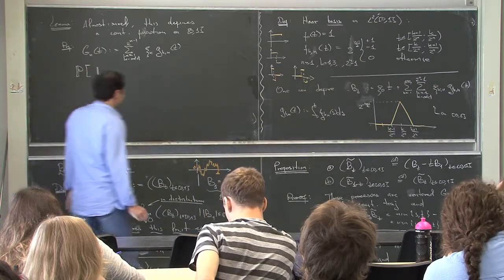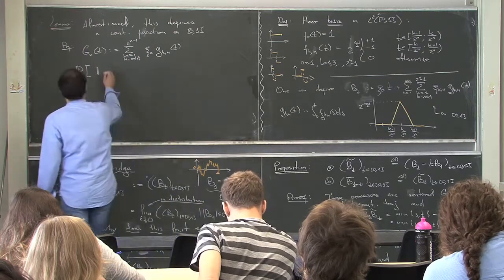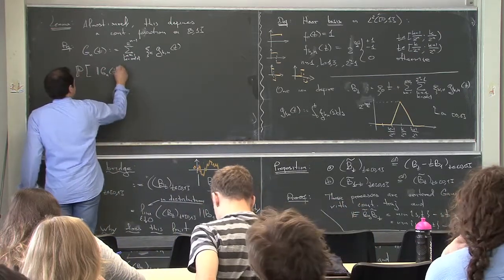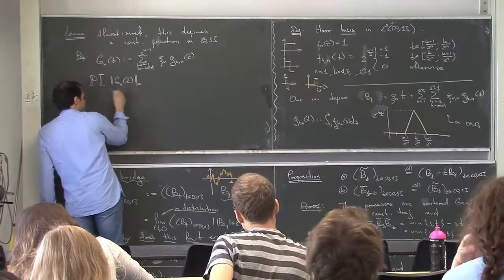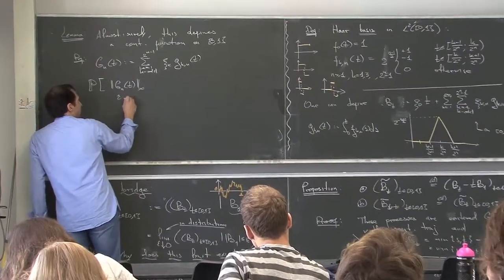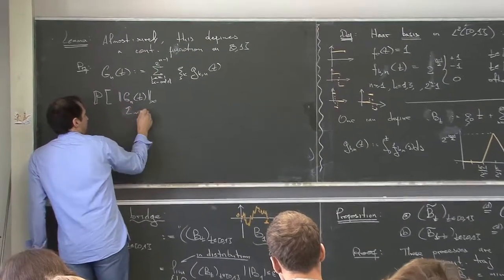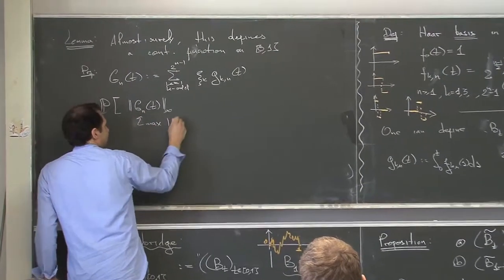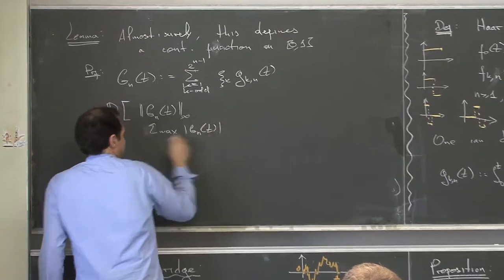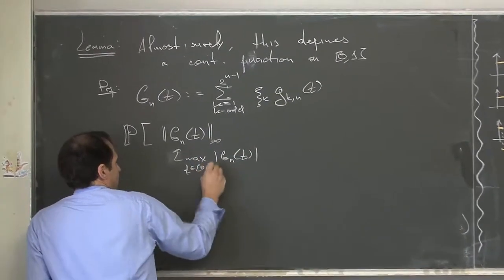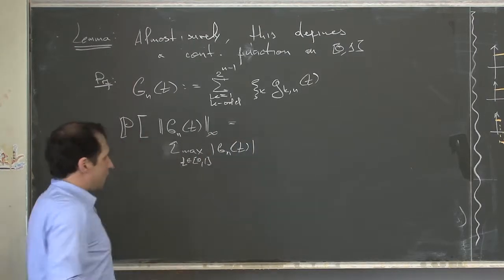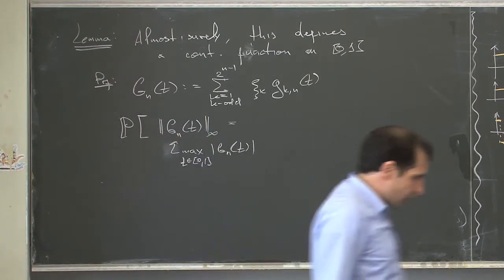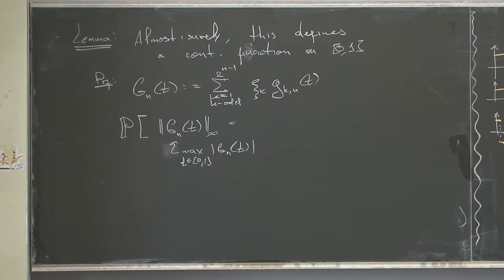Because of that, it's fairly easy to say what is the probability that the infinity norm, meaning the maximum over the interval, is large.